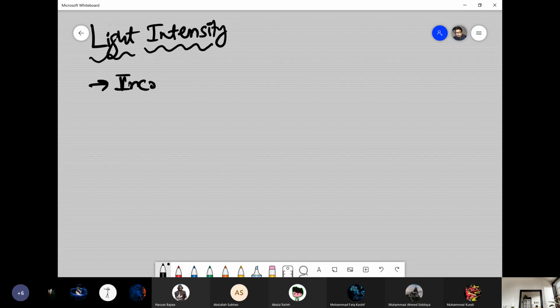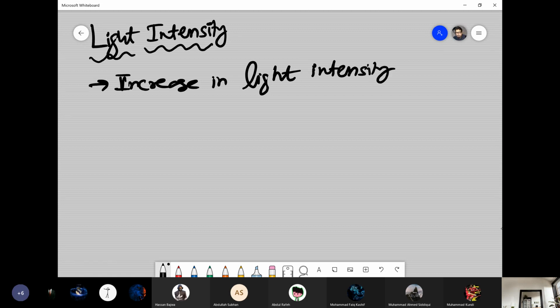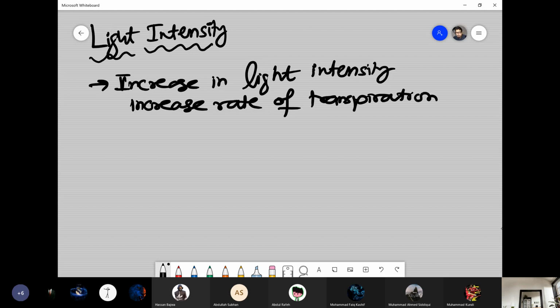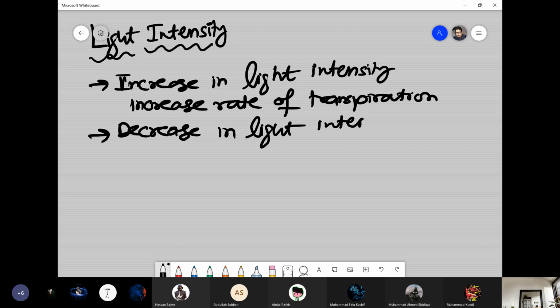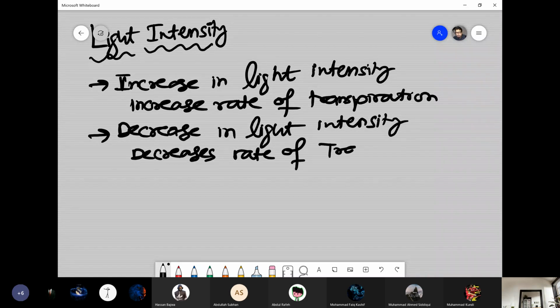So let me write over here that increase in light intensity increases rate of transpiration, and decrease in light intensity decreases rate of transpiration.